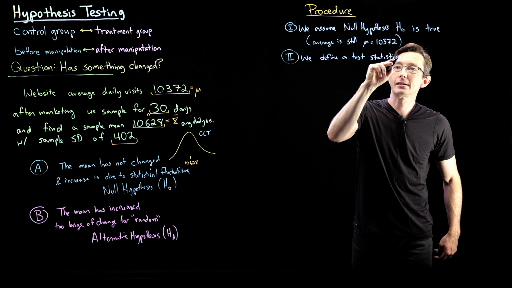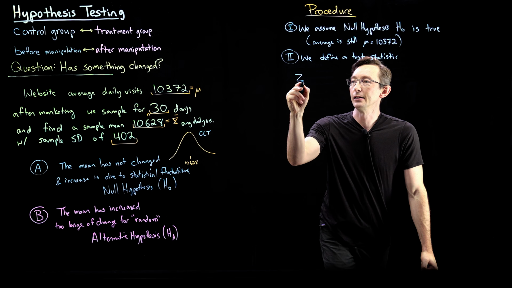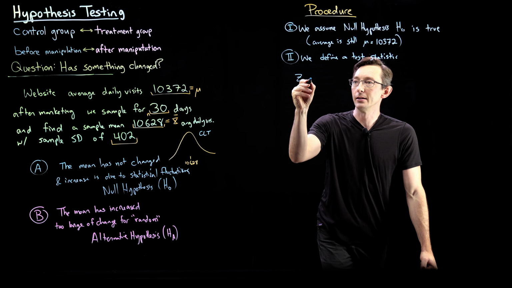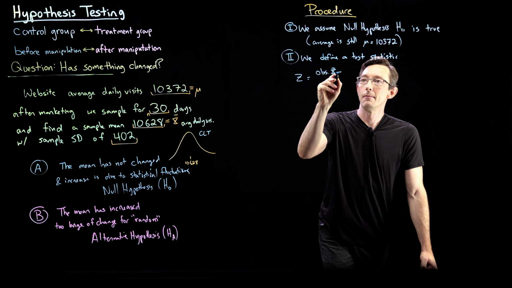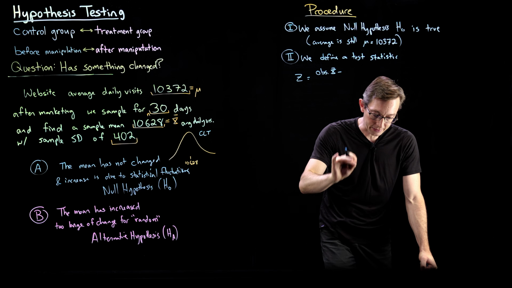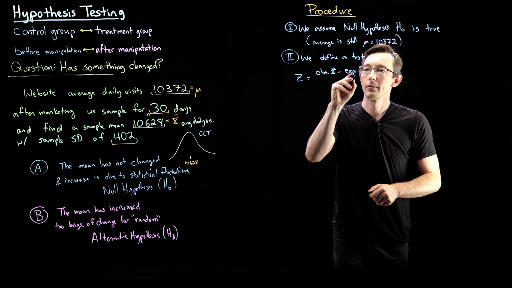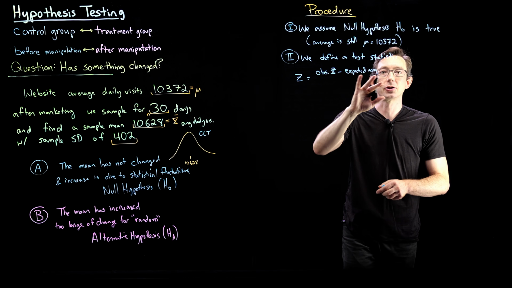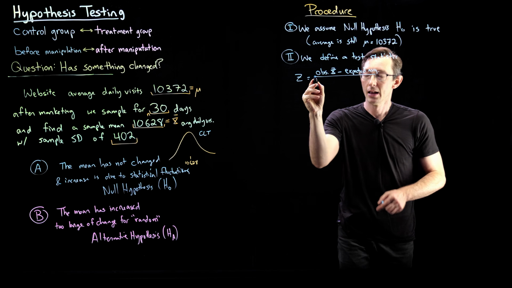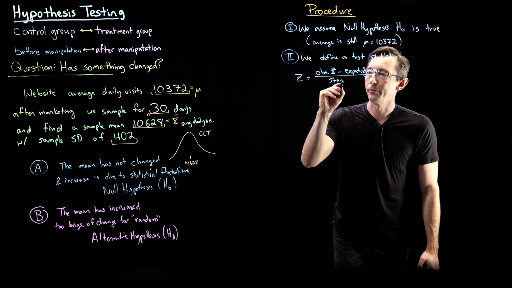The test statistic is essentially this value z, which is the observed mean, the observed x bar, minus the hypothesized mean, the expected average. So the observed average minus the expected average divided by what's called the standard error.